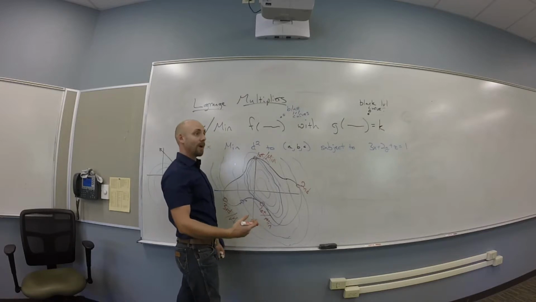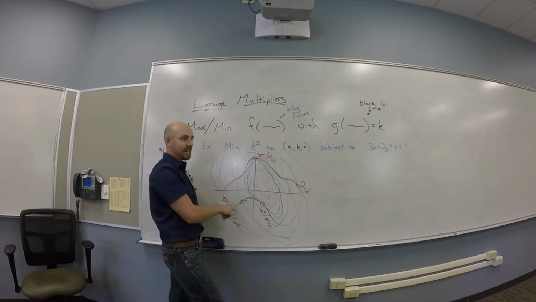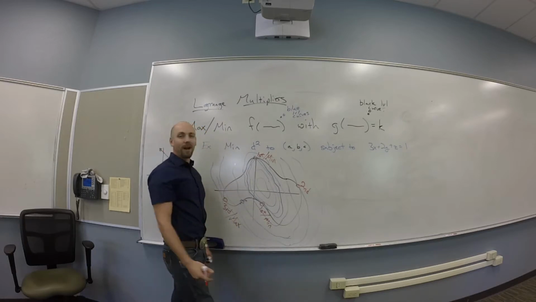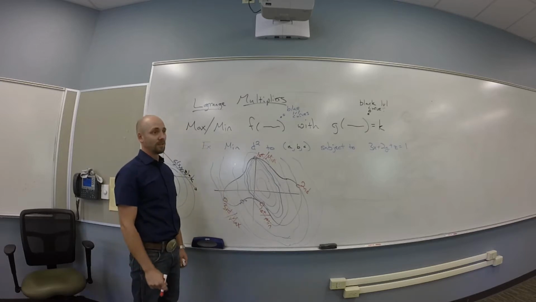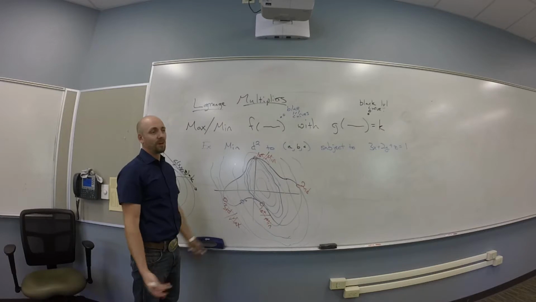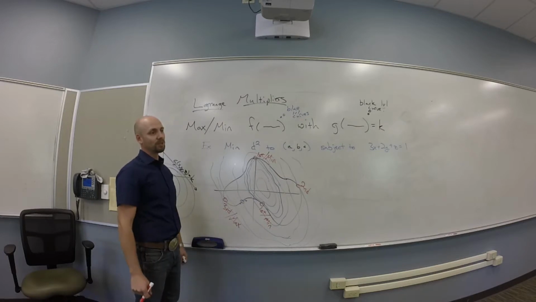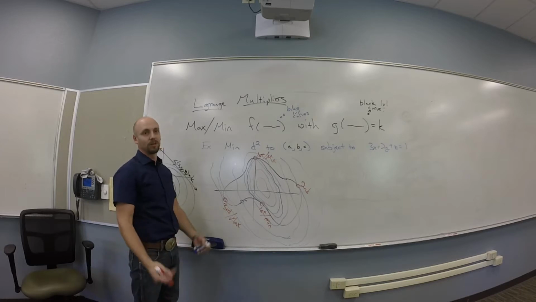So what's going to happen is we're going to search around for these tangencies. But I've been drawing this two-dimensional picture, right? But I don't have a two-dimensional picture. I might have a three-dimensional picture or a seven-dimensional picture.